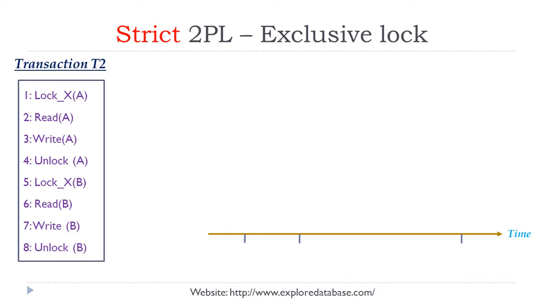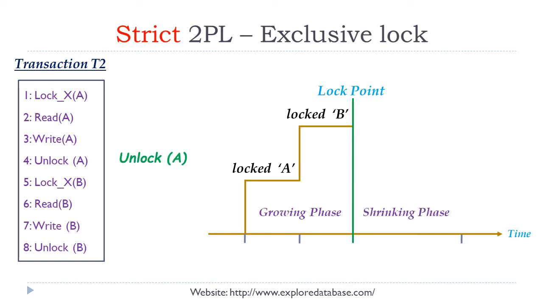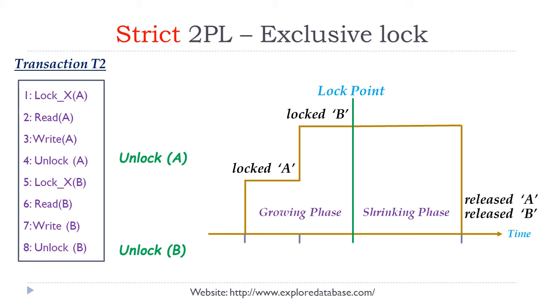In another case, if both are exclusive locks, in transaction T2, just recall, we try to lock both A and B in write mode. Then as usual in the growing phase, we lock A and we lock B both in exclusive mode. Then we reach the lock point. Now we start consuming the data. Once the data are consumed, in the shrinking phase, we are going to release all the locks at the end of the transaction.